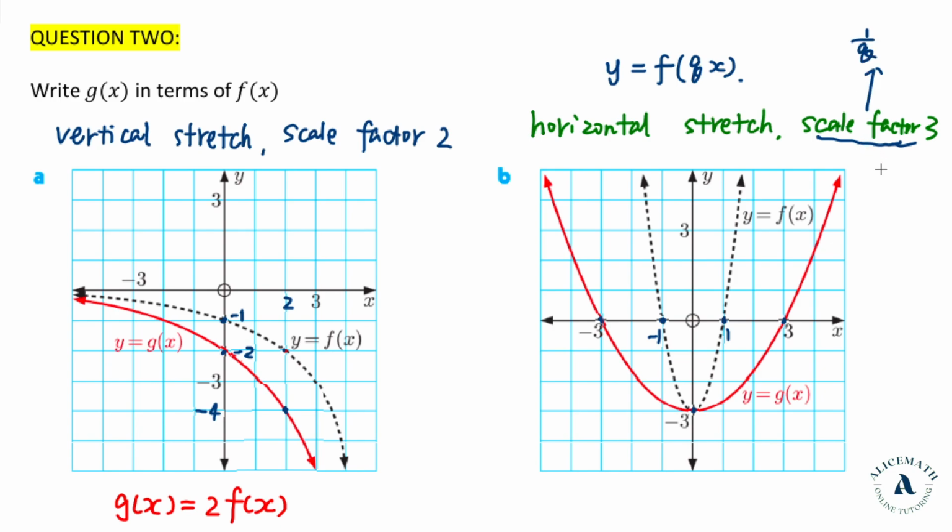In this case, the scale factor 1 over q equals 3, so q equals 1/3. Now we can write g(x) in terms of f(x) as g(x) equals f(x/3), which means f of 1/3 of x.